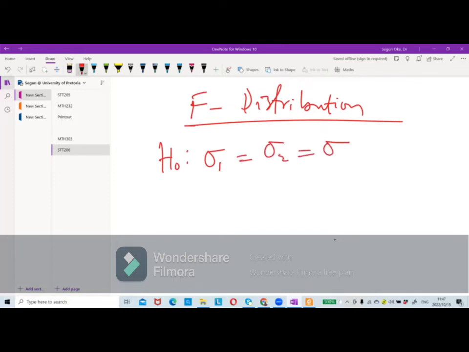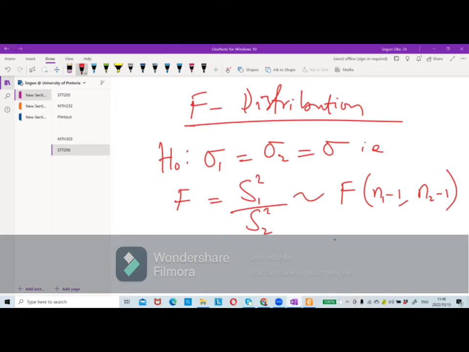Our F is the same thing as S1 squared over S2 squared. Approximately, the degrees of freedom are N1 minus 1, N2 minus 1.